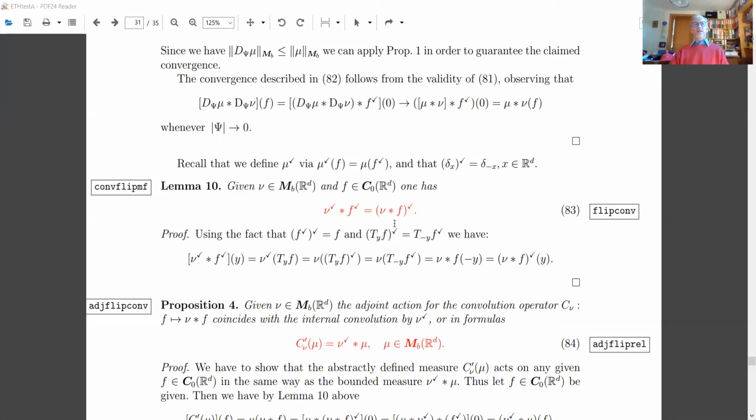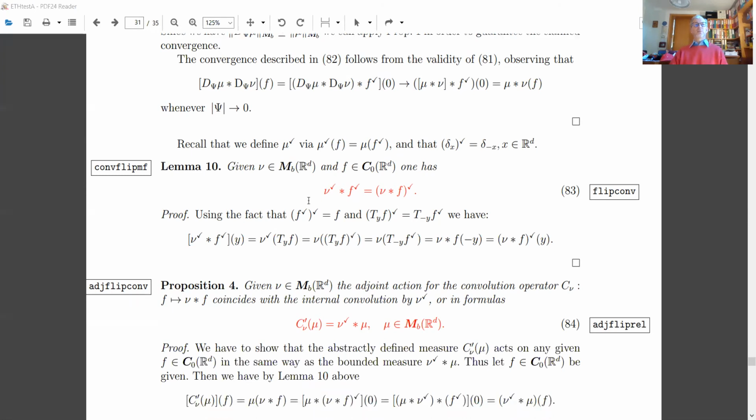Okay, so we have now the game. Measure ν can be acting by convolution as a system on a function f, a BIBO system, and then you can flip the output, or you can put in the flipped input and you convolve with the measure which is the flipped measure, and the claim is this is the same.